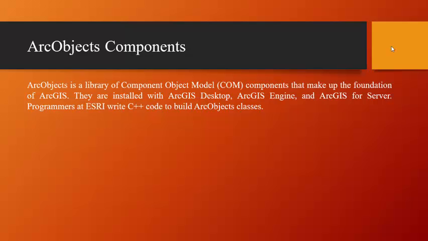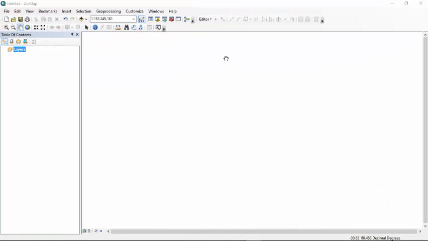The first and important thing is ArcObjects are not objects. They are classes. They are building blocks of ArcGIS applications like ArcMap and ArcCatalog. As I said, everything in ArcGIS applications is built from ArcObjects.